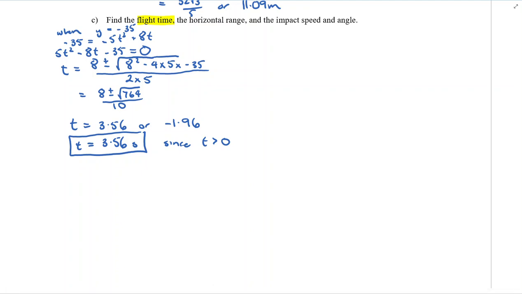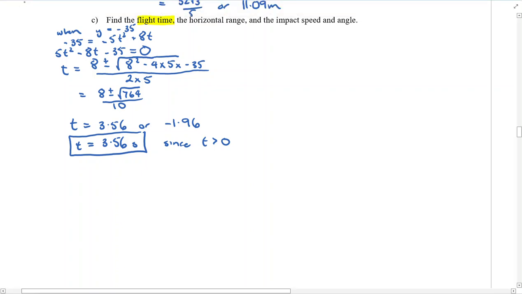Horizontal range, that sounds a bit contradictory, doesn't it? Because range, you normally think about the y direction, but we're talking about how far I have gone along the x-axis. So I want to sub into my equation for x with the time of flight that I just found.